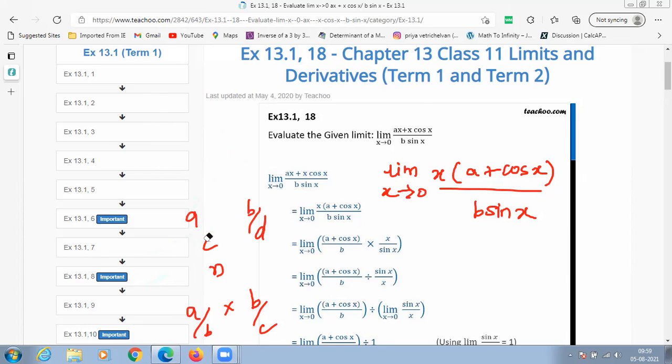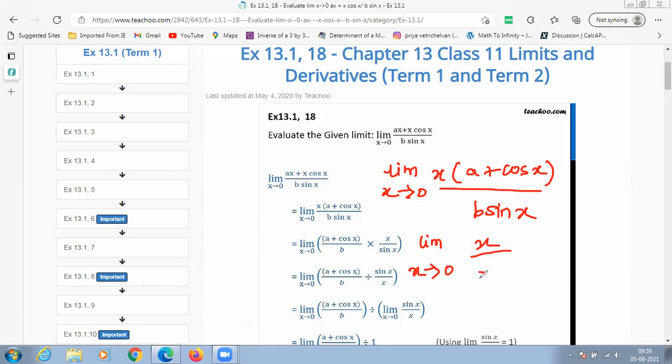So here what I'm going to do, I'm going to write x times of a plus cos x upon b sin x as limit x approaches 0, x by sin x into a plus cos x by b, just for the simplification.